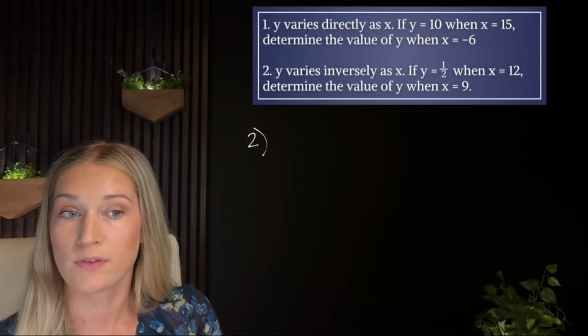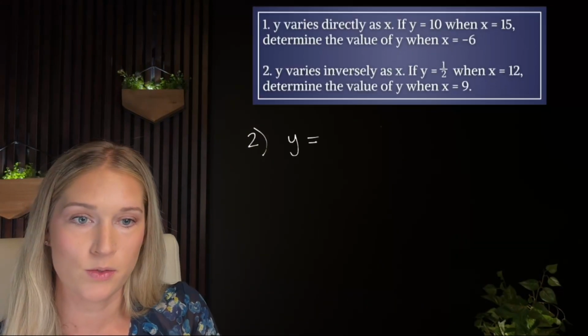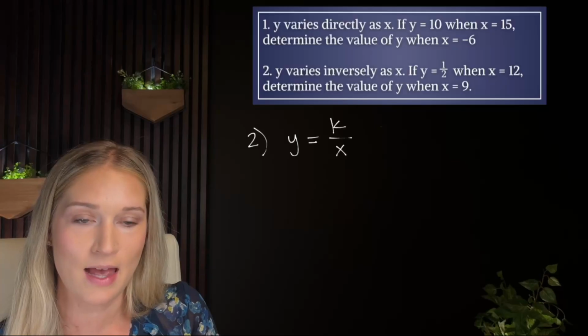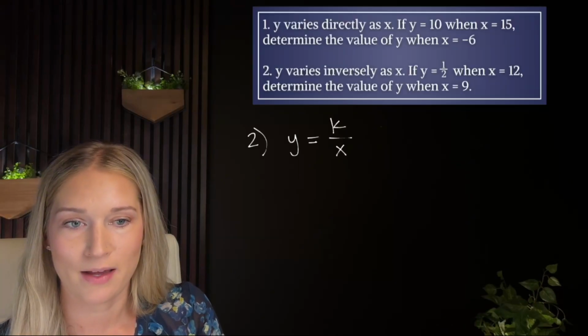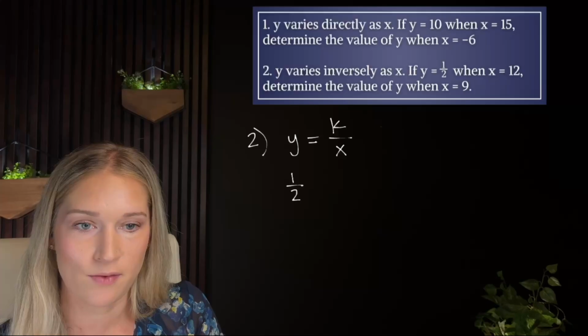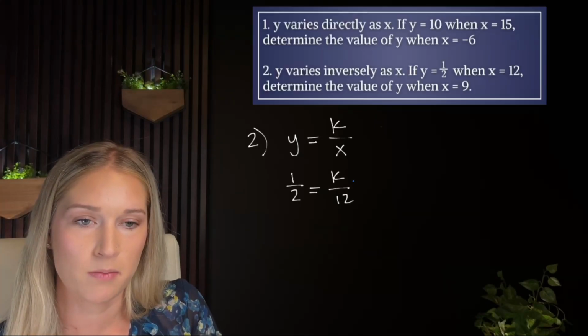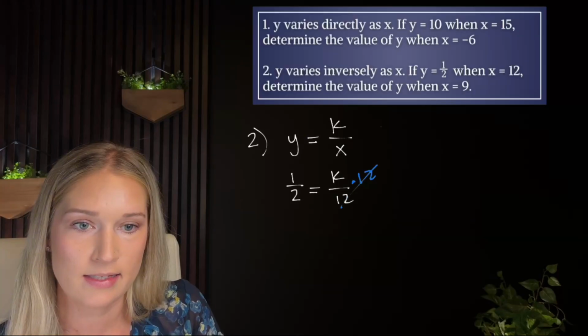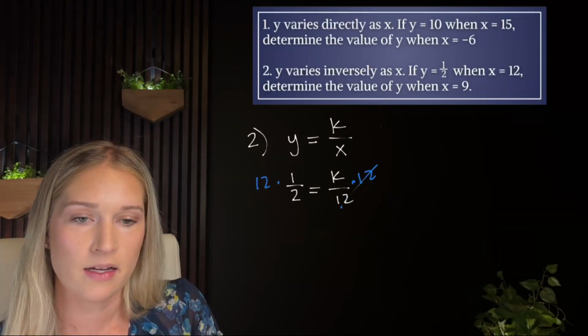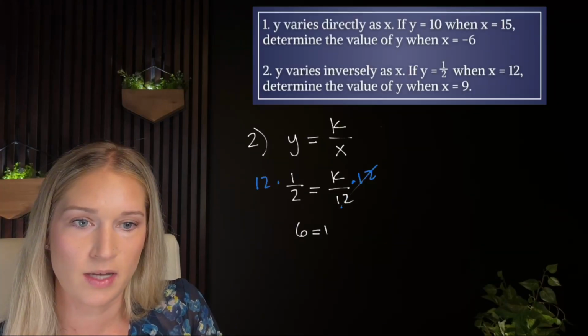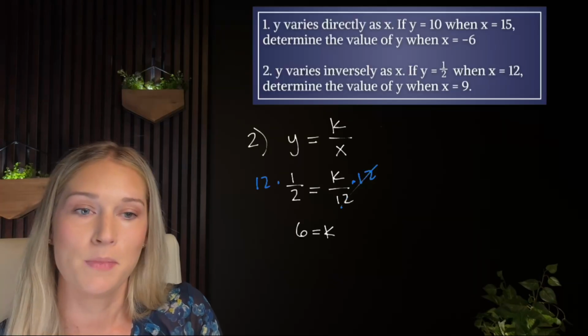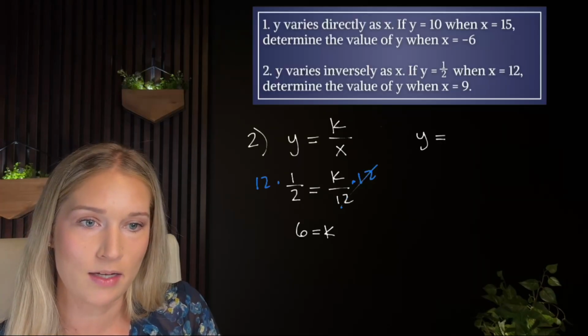Y varies inversely as x, so y equals k divided by x, and y is 1/2 when x is 12. So on the left, I have 1/2 equals k over 12. Multiplying by 12, I can isolate my k, and I find that half of 12 is 6, so k is 6, meaning that my equation is y equals 6 over x.